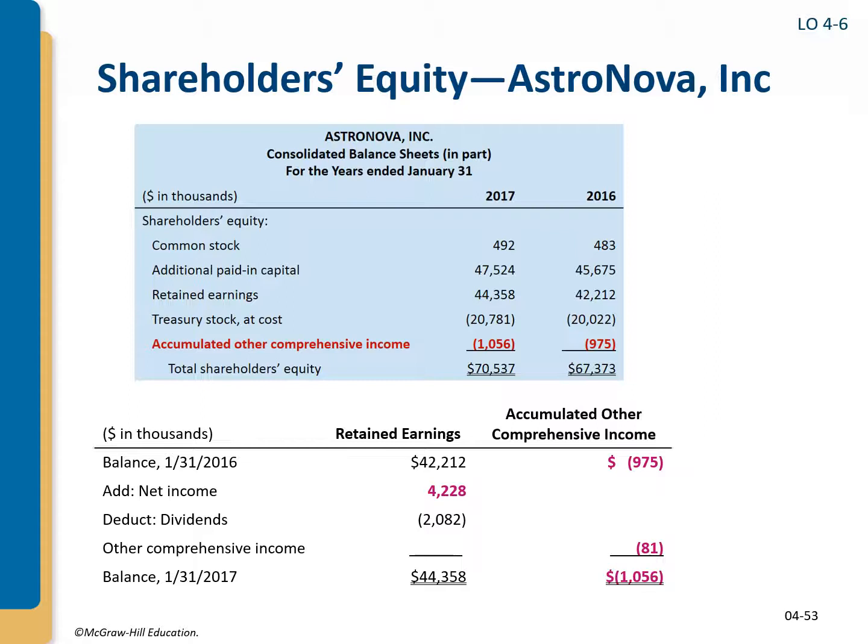This company's accumulated other comprehensive income started at $975. This year's comprehensive income items, those unrealized gains and losses on investments, pensions, foreign currency translations, totaled an 81 loss. So now our new accumulated other comprehensive income is $1,056,000. So the current year adds to those accumulated items, and then they're reported separately in the balance sheet.